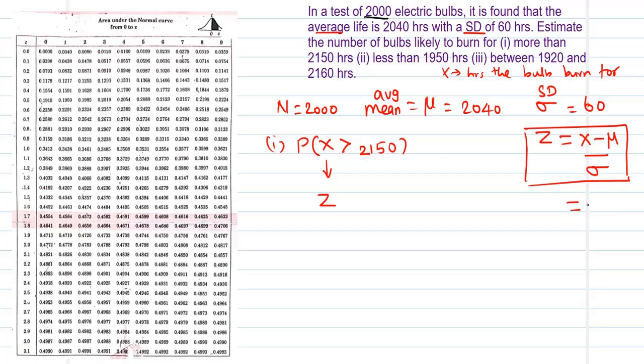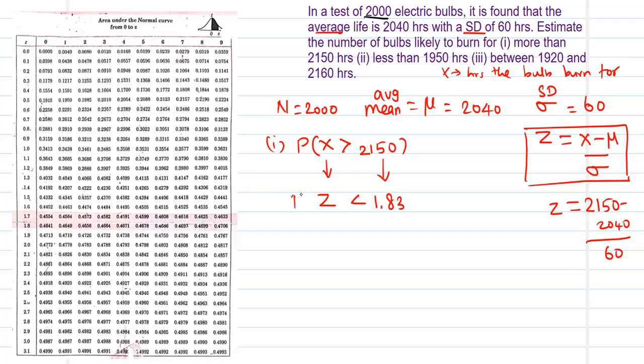So z will be equal to 2150 minus mu, which is 2040, divided by sigma. What is sigma? Sigma is 60. So 2150 minus 2040 divided by 60 gives 1.8333, but you want only two places of decimal, so restrict it to 1.83.